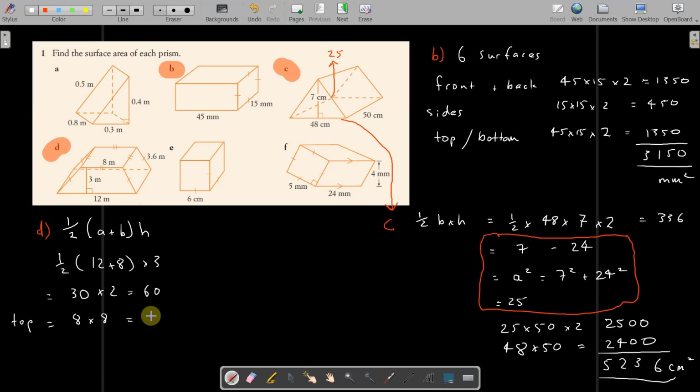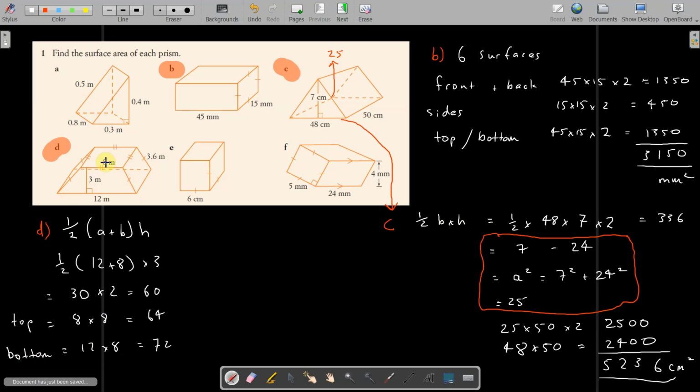That's 64. Then underneath is 12 times 8. Bottom is 12 times 8, that's 72.